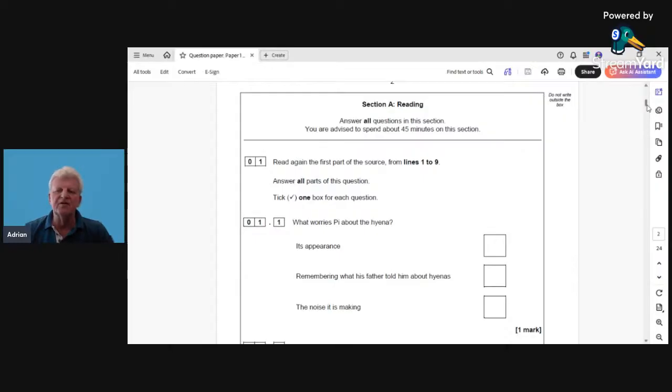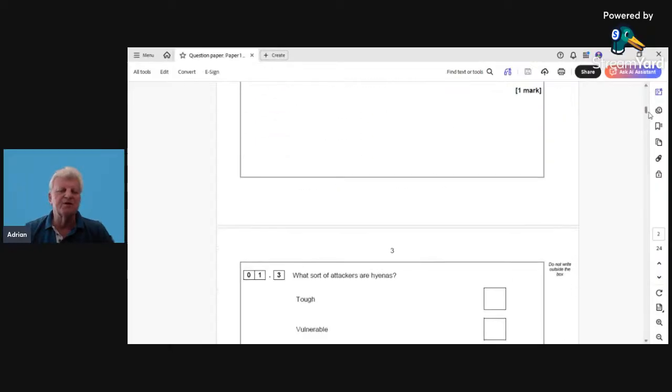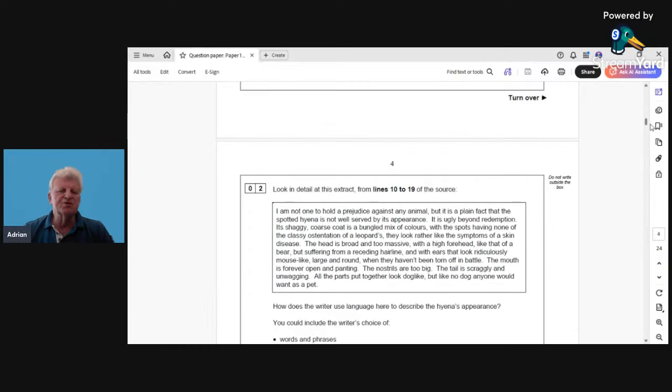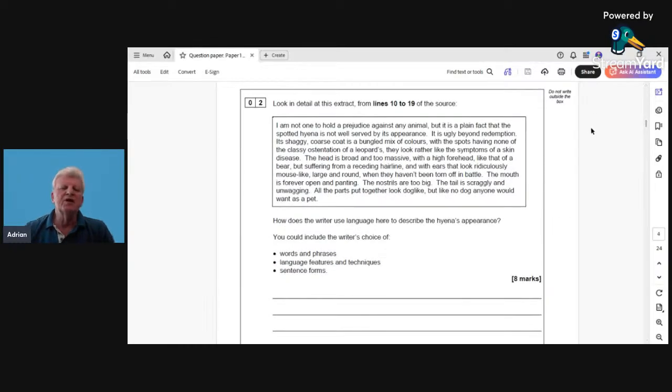So let's go further now and look at the next question. So question 2 is not really changing at all. But again, it's giving you a set extract, a mini extract. Look in detail at this extract from lines 10 to 19 of the source.